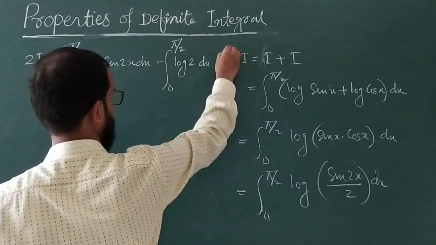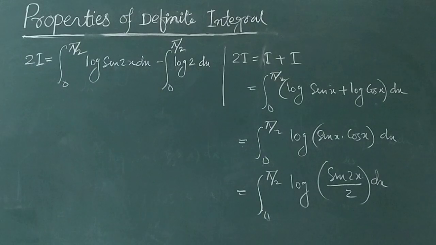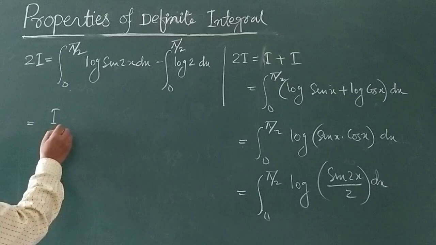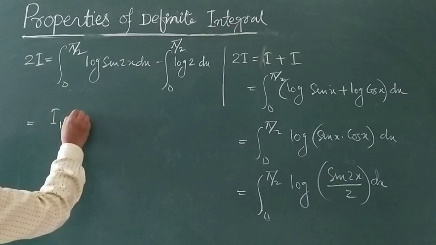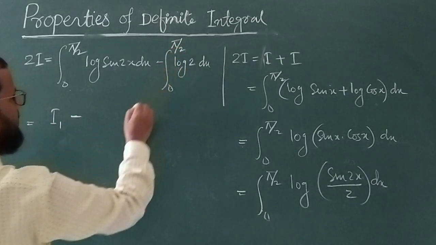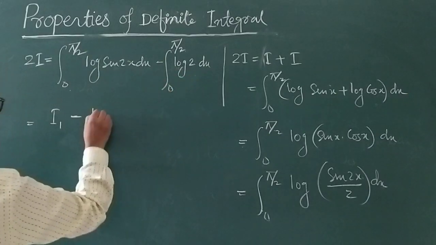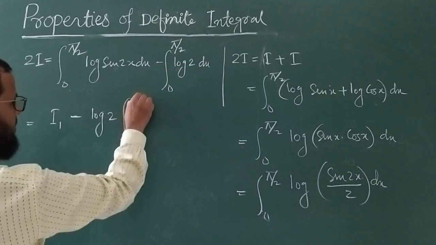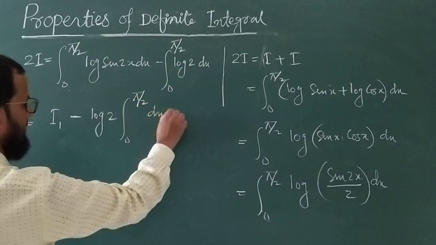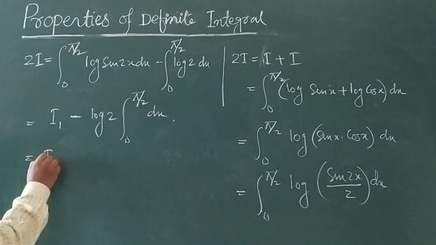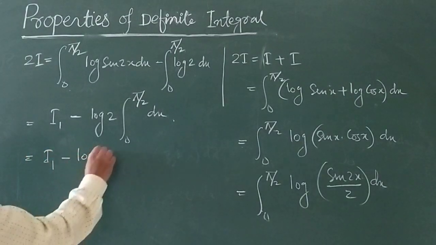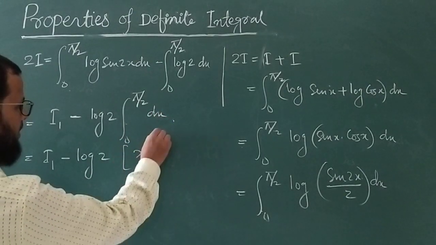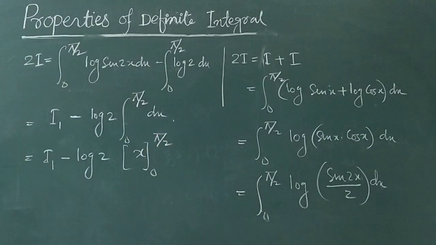Suppose this integral is named I1. Log 2 is a constant, so log 2 will come out of the integral. So it becomes log 2 times integral 0 to pi by 2 dx. So finally I1 minus log 2 times the integral of dx, which is x, with lower limit 0 and upper limit pi by 2. I hope you understand.